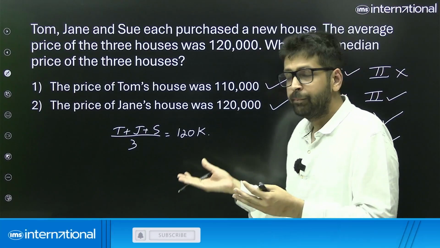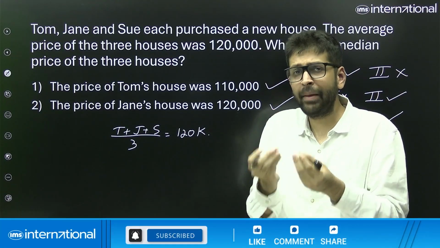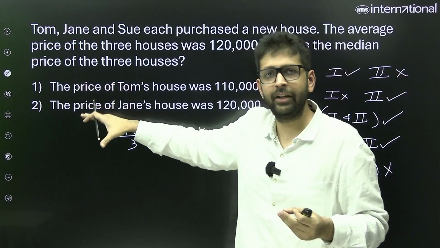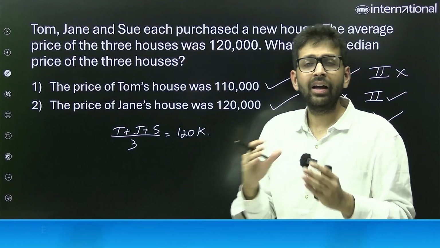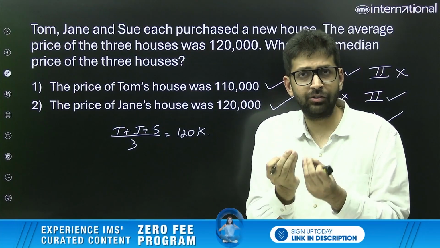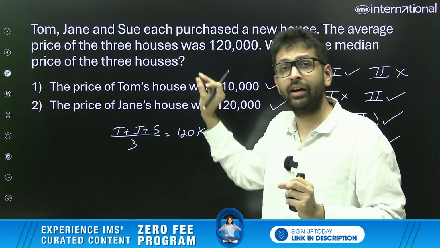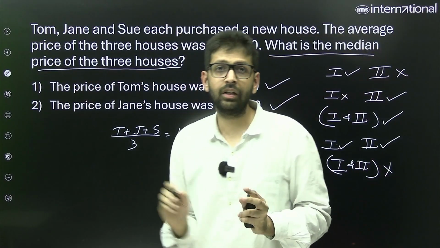So let's see. Many people might fall into that trap. Many people might have the temptation of looking at both these statements before completing this common data. Refrain from that. Your first step should always be to understand the data and to understand the question. My question is: what is the median price of the three houses?